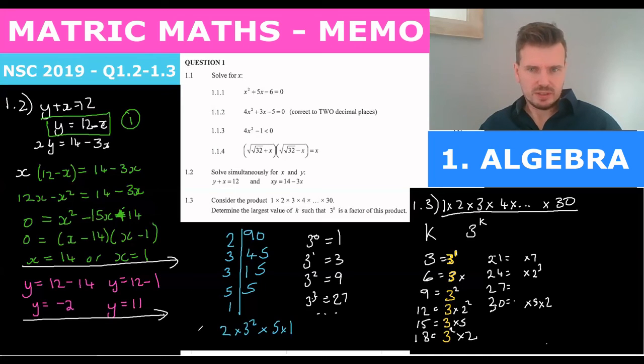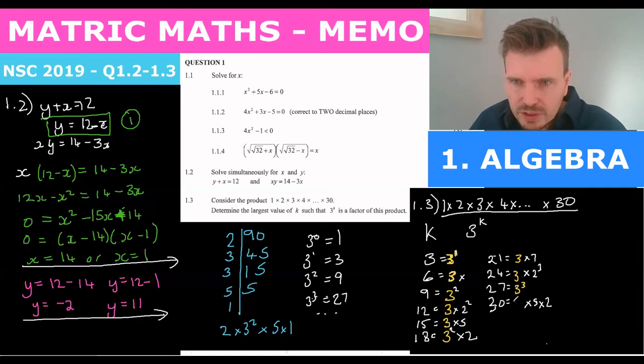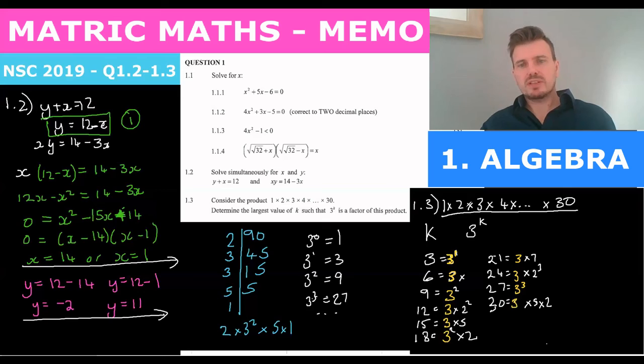Okay, so now in yellow again, all the 3s. So it's 3 times 7, 3 times 2 to the 3. This is 3 cubed. And 30 is 3 times 5 times 2. Because these numbers are all multiplied together, I'm going to put them in green so we can see the multiplication of this whole number.